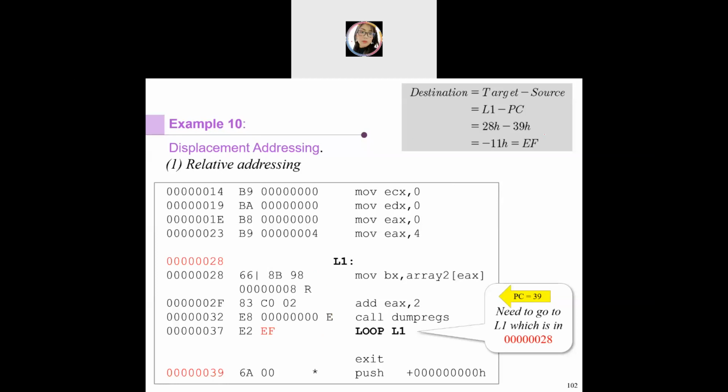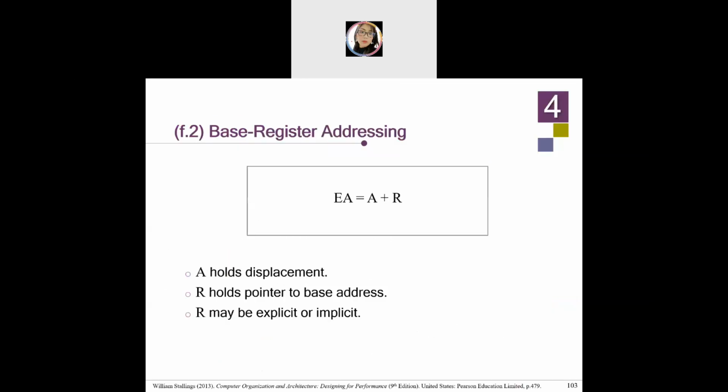So for this value, it is under your machine's value, similar also to all of this, but actually we're going to reverse by 11 offset. You can see here it is negative because it's jumping backward. So that is under displacement addressing, under your relative addressing.